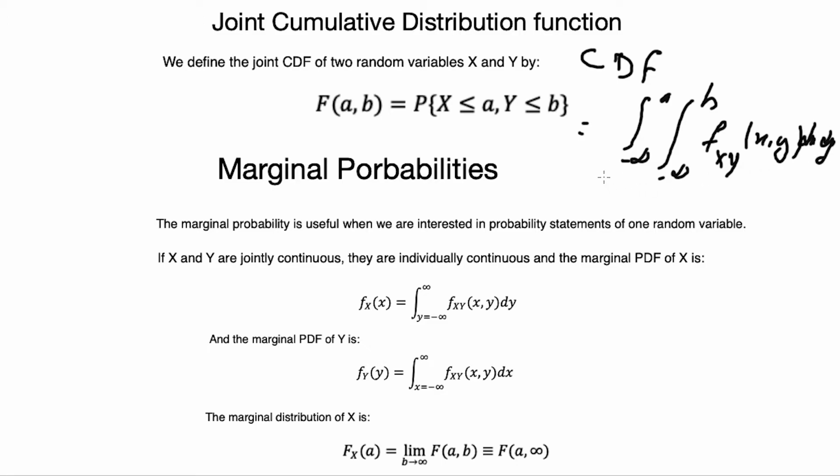In the case of discrete random variables, it will be the summation over all x less than or equal to a and all y less than or equal to b of p_XY(x, y).